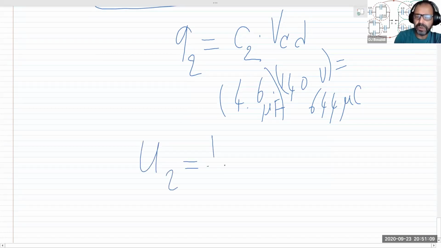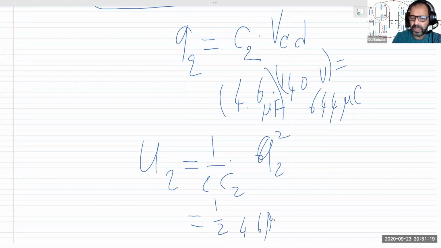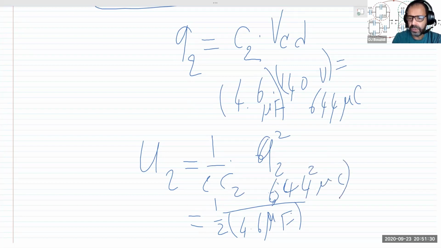U2 is 1 over 2C2 times Q2 squared, where Q2 is 644. So numerically speaking, it's 1 over 2 times 4.6 microfarads, and I have in here 644 squared microcoulombs squared.